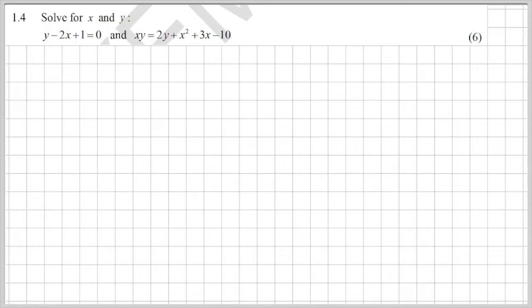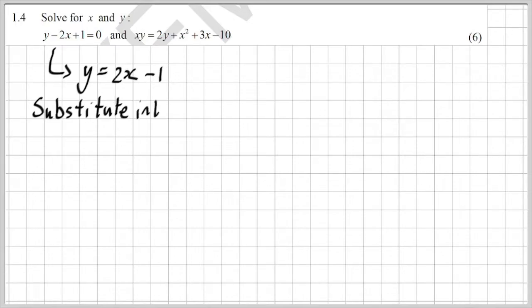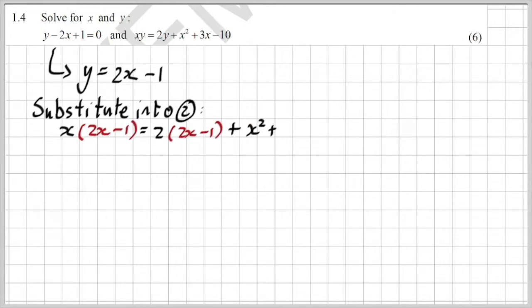In other words, I'm first going to get y alone, follow through my basic steps, and substitute that answer into my second equation, which means replacing every y with 2x minus 1, because remember y is equal to 2x minus 1.